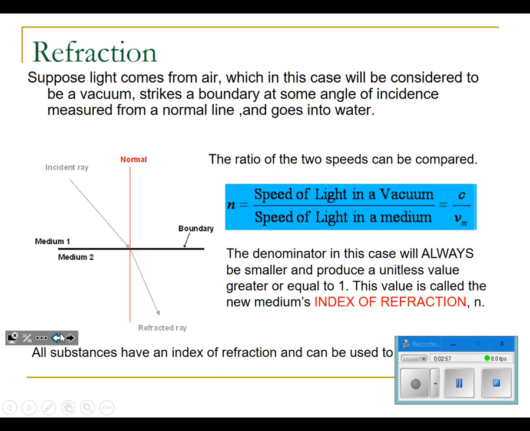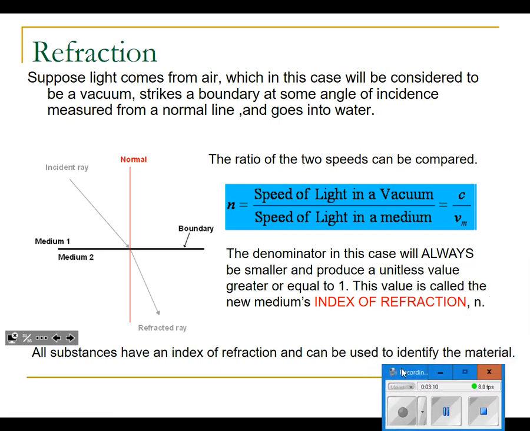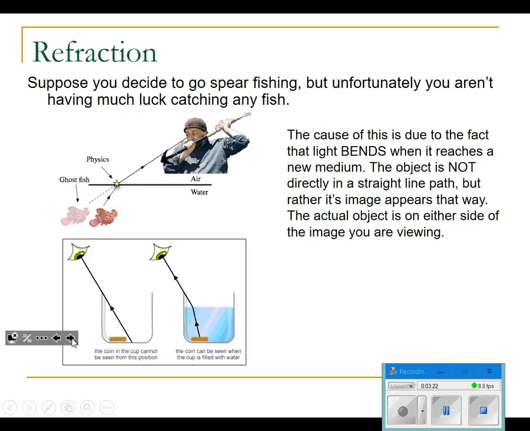So it's always really just a ratio of the speeds. That's what index of refraction is. All substances have an index of refraction, and they can be used to identify the material. There are also typically lots of different tables that will help you with that. Lots of times if you know the material, they'll give it to you.